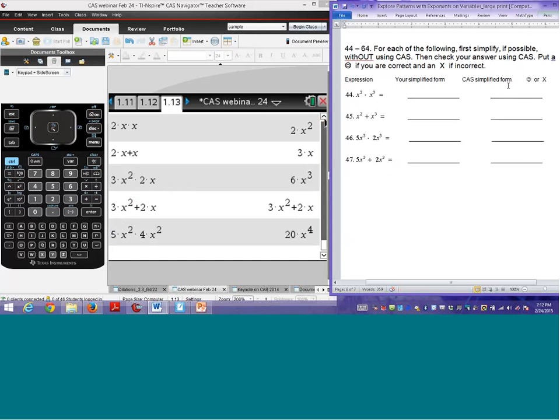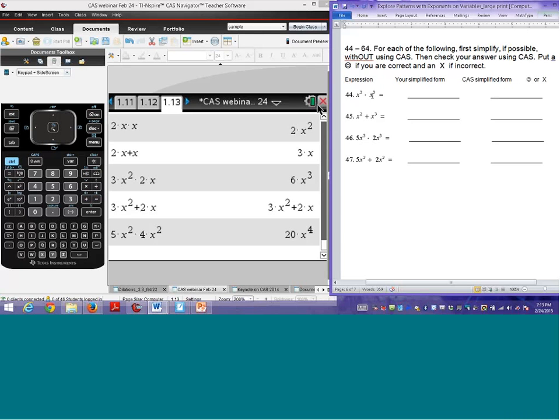Now, the reason I like this is that if a student had x squared times x cubed and wrote the wrong answer here, then if there was x to the third times x to the fourth later on, probably going to miss it. But if I tell him or her right away, you got it right or you got it wrong, if you got it wrong, I have a pretty good idea they're hopefully going to learn from their mistakes.